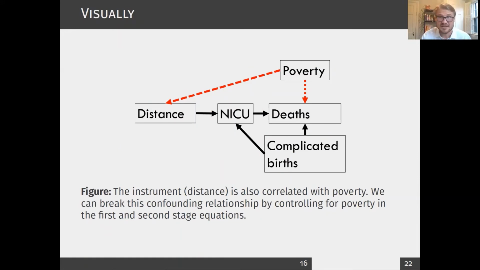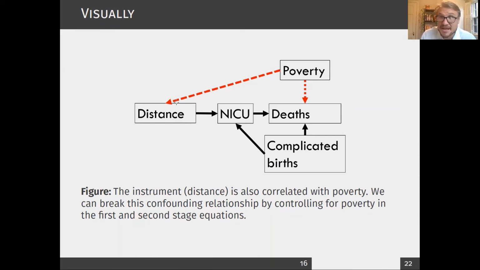And let me just show this again visually, where we have this endogenous variable where the baby is sent to the NICU unit. And there is clear selection bias here because complicated births lead to both higher mortality and higher usage. And so we want to use an instrument which does not suffer from this endogeneity and which is correlated with usage, and this is distance.